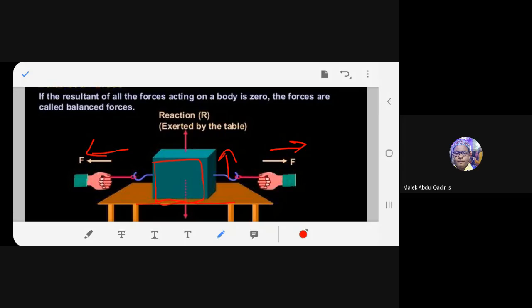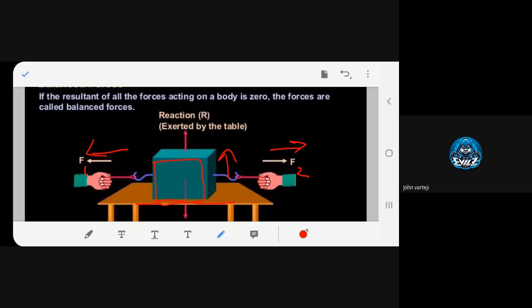Any problem? Ma'am, which force is applied by the table on that object? Frictional force, I hope you understand that. We are pulling it, isn't it? The frictional force will be sliding on both the sides, maybe. But if it is equal force, if F1 is equal to F2, then the object will not move.